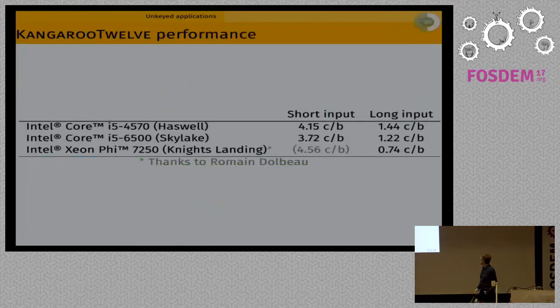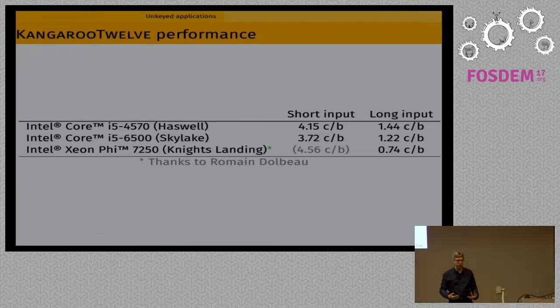Concretely, still on this Skylake processor, if you have a short input, then the number of cycles per byte is 3.72. And as soon as you have enough input to fully exploit the parallelism, you can go down to 1.22.